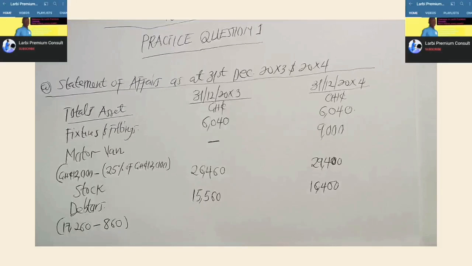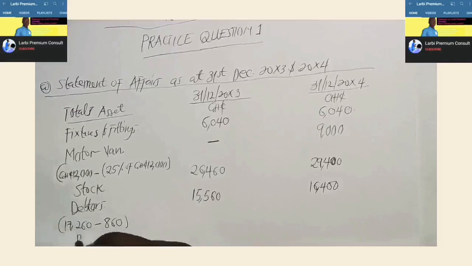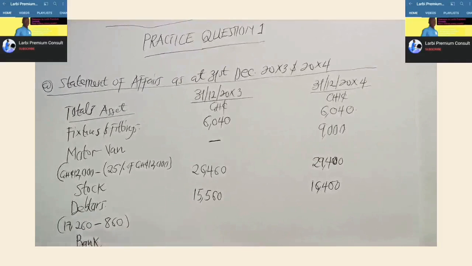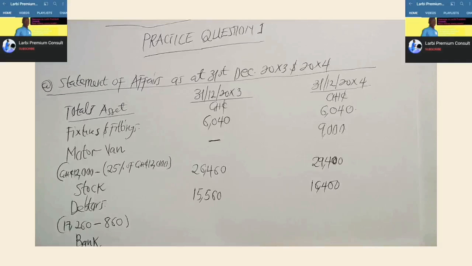So after debtors, do you have any other current assets? We can talk about what? Bank. We're having bank accounts, so we can talk about bank accounts. Was there any bank balance existing as at 31st December 20x3? Yes, there was a bank balance of 12,300.